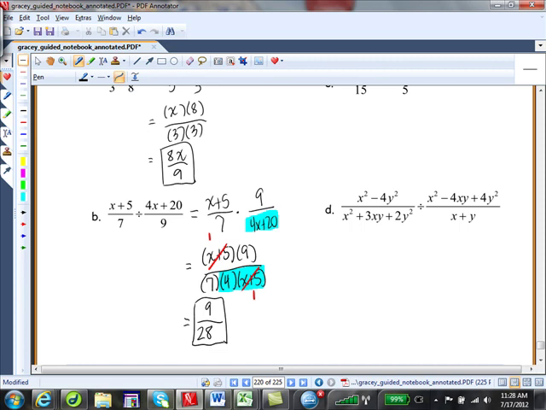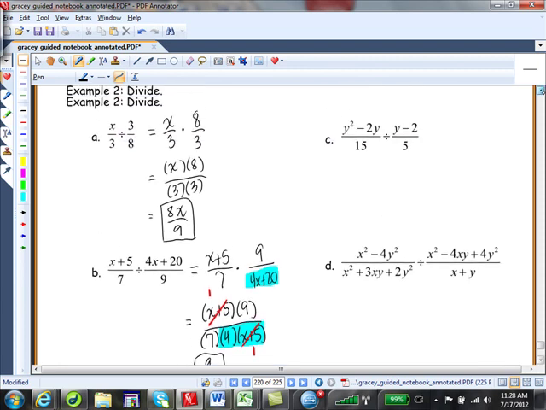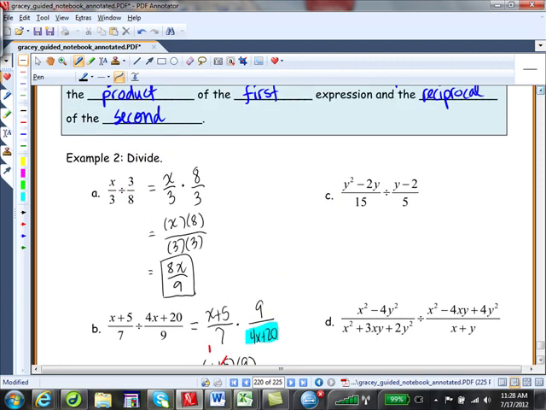How'd you do on that one? Great. Okay, part C. Here we go. This will give us y squared minus 2y over 15 times 5 over y minus 2. We will have y times y minus 2 times 5.